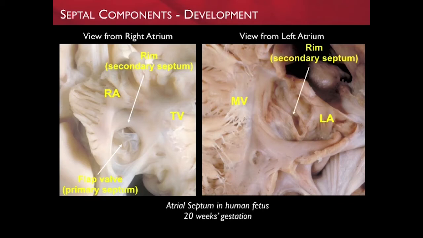If you look from the left-hand side, you can just about see the rims, but particularly you can see the flap valve extending into the left atrium. And you'll appreciate that the flap valve itself is a pocket-like structure. It's a thin membranous pocket rather than strictly speaking, a flap, which moves freely within the oval fossa during the cardiac cycle in fetal life.